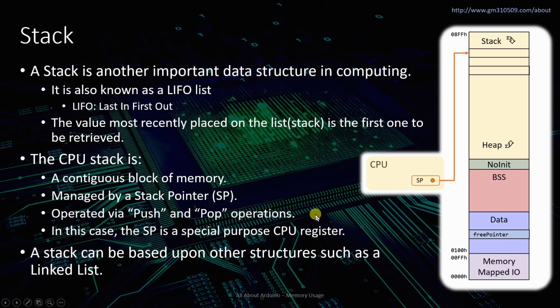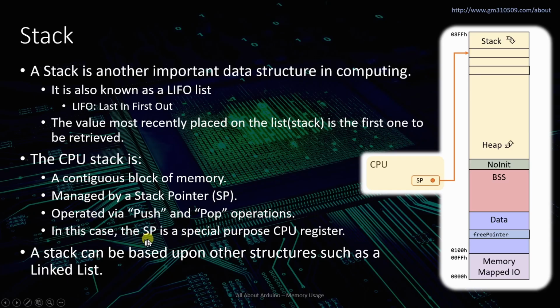In the case of the CPU, we don't always see a push and a pop instruction, but that's the operation that's known. So for example, we might see a call operation that will push a value onto the stack, and we might see a return instruction in the CPU, and that will pop a value off of the stack. And so push and pop are the generic terminologies used to define how we manipulate the stack.